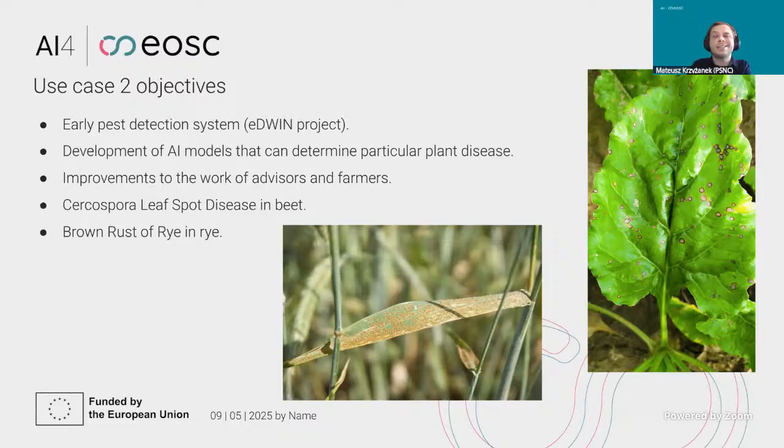The main idea of our use case is to assist the plant disease detection system by identifying the first stages of disease early using AI models. The results of the models are to confirm whether a particular disease is present in a given image. Specifically, the diseases in question, like I've mentioned before, are rust of rye and Cercospora beticola.